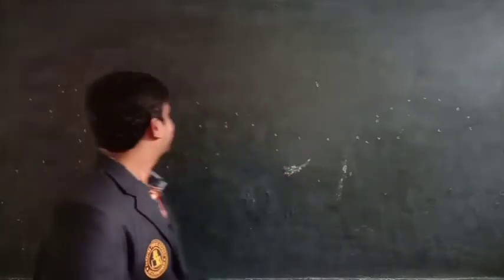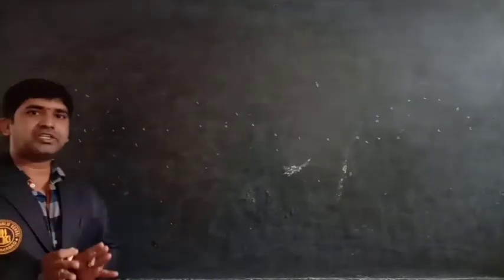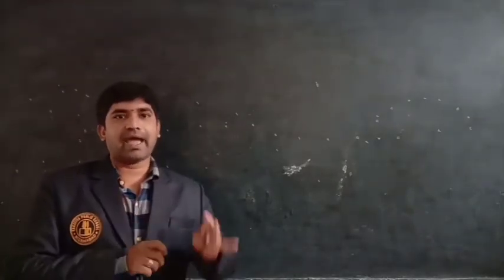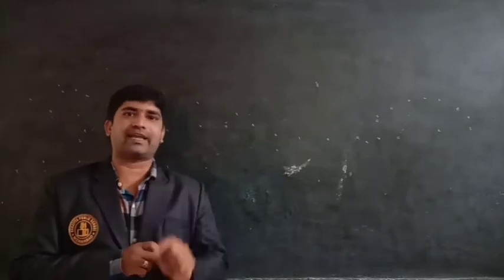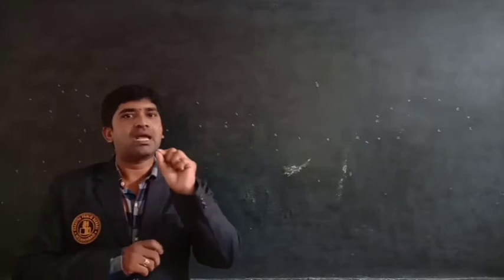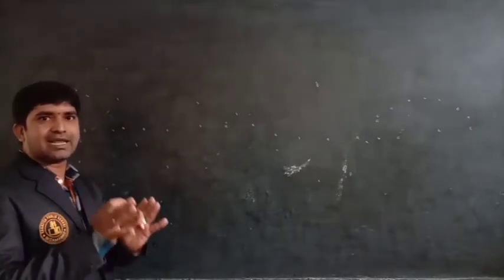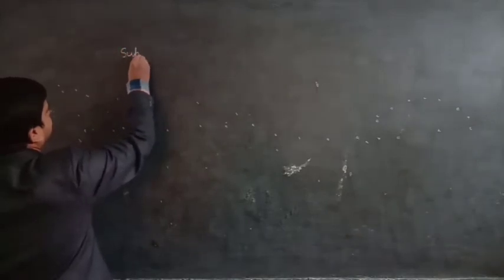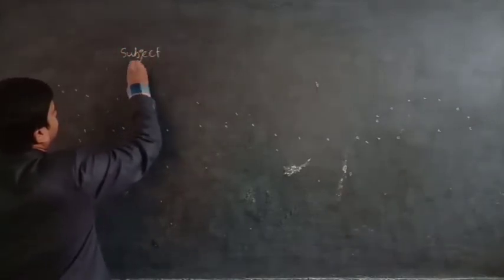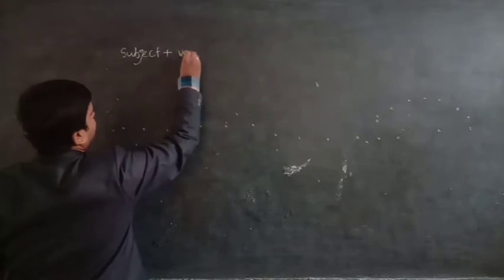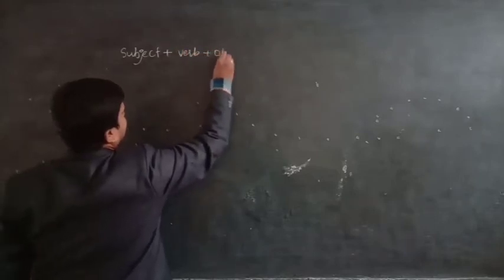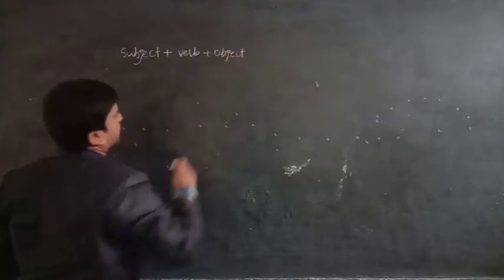Let's see. While teaching kinds of sentences, I have told you that for writing every sentence, we need some structure. We need some special words for making a sentence. In writing a sentence in general English, we use the structure called subject plus verb plus object.